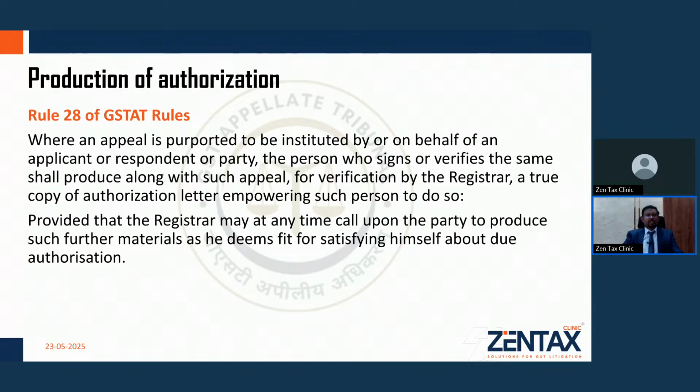Where another person is to be given an authorization, then such authorization needs to be duly provided for, and the registrar may satisfy themselves by calling upon additional documents to verify whether the authorization is duly proper or not. So a true copy of the authorization letter needs to be submitted, a true copy meaning the original generally, or if it is a copy, it needs to be attested as a true copy by the person who is issuing the authorization themselves.